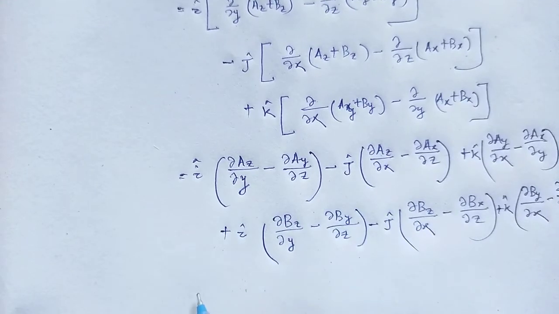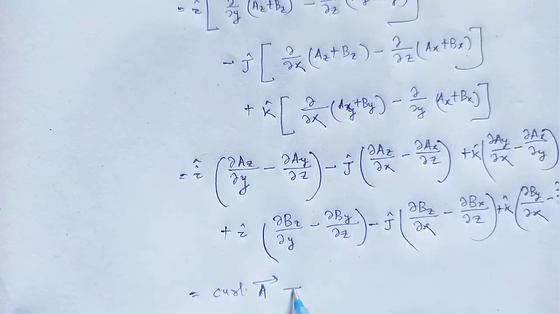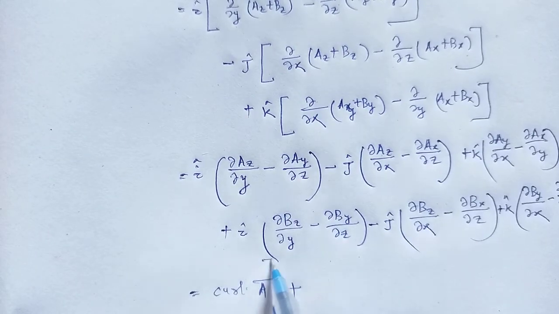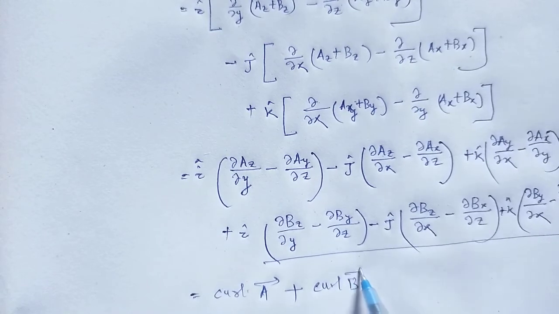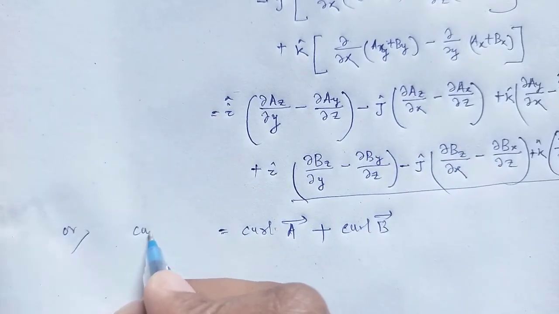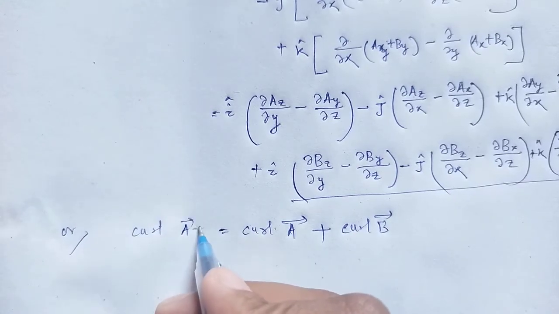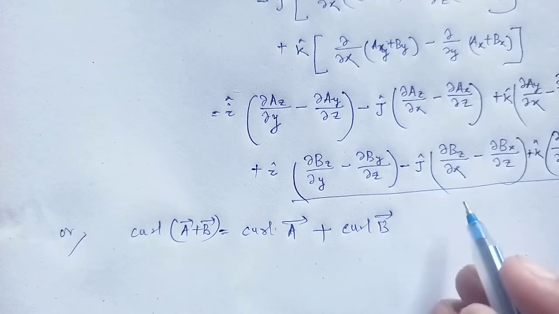That is nothing but the curl of A vector plus the curl of B vector. So curl of A vector plus B vector is equal to curl of A vector plus curl of B vector, proved.